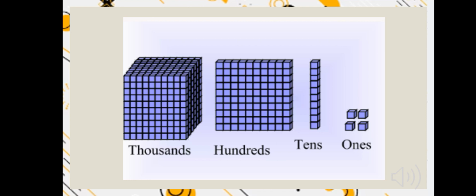But when you place 10 blocks, it will be called tens. Similarly, when you place 100 blocks, it will be called hundreds. And when you place these hundreds of blocks 10 times, these 1,000 blocks will be called thousands.